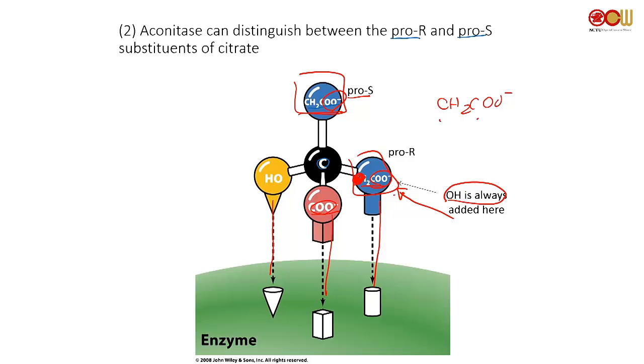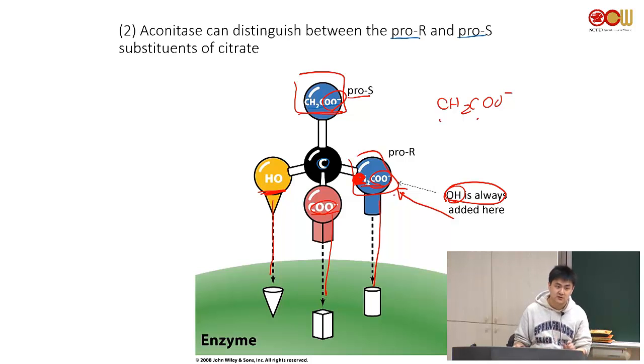Now, if you rotate this tetrahedral ball-looking thing down, then your OH and carboxylate are going to switch places. Make sense? If you do a rotation. So this is how this enzyme is always specific to generating the OH, essentially turning this OH onto here.